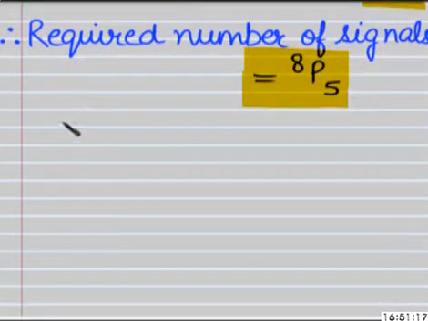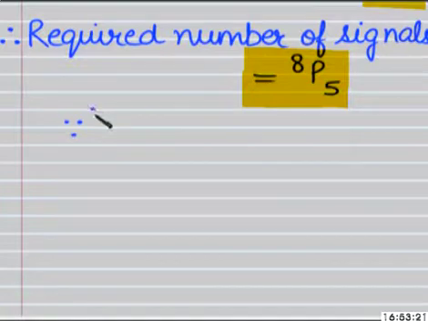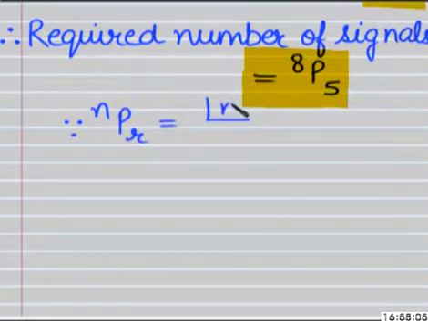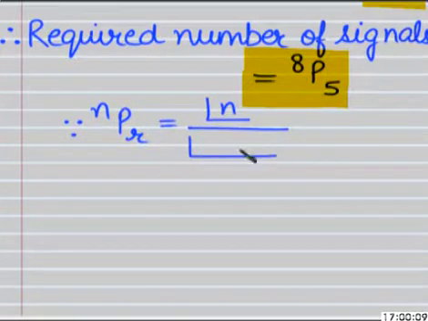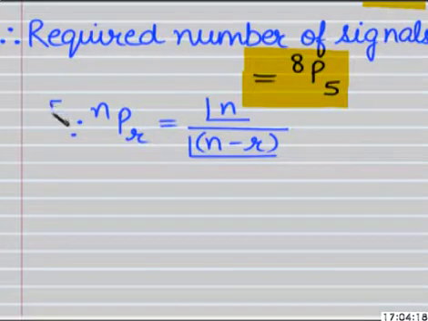Now, as we know that nPr is equal to n factorial whole divided by (n minus r) whole factorial.